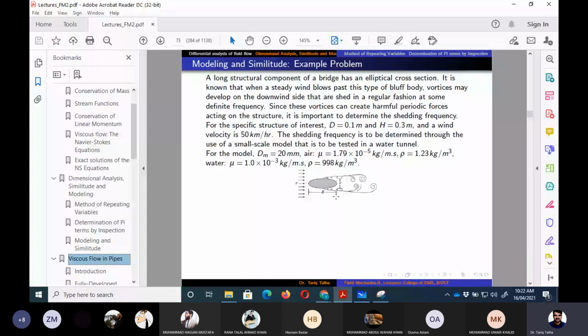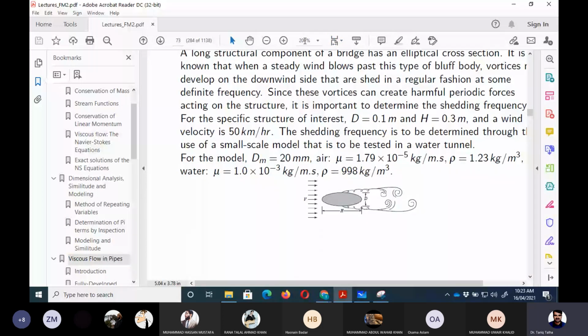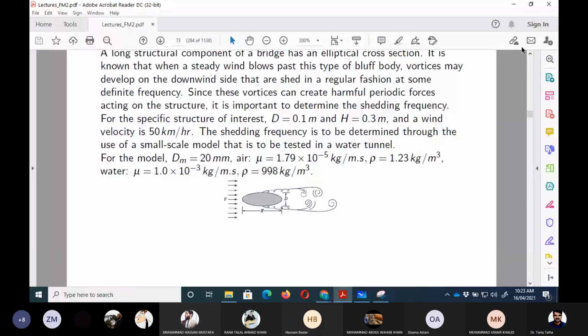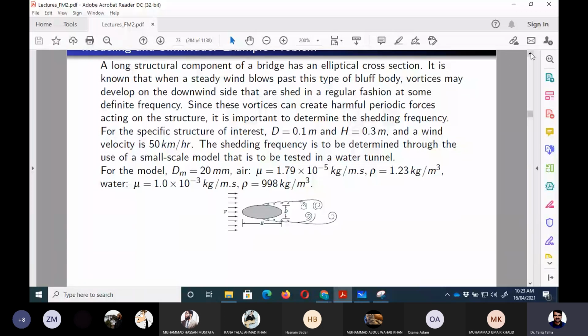So D is the vertical dimension, H is the dimension in the flow direction, and V is the free stream velocity coming on that structure.